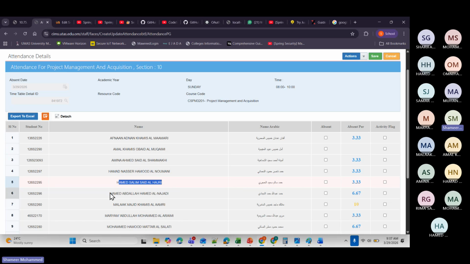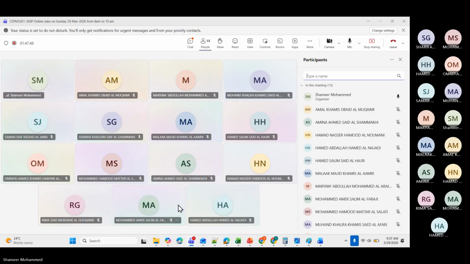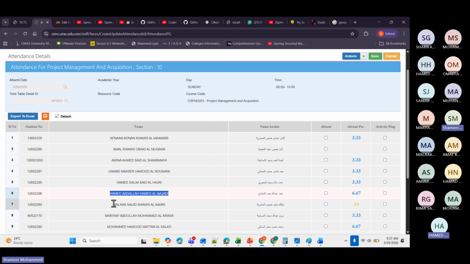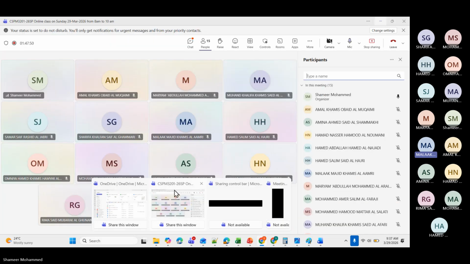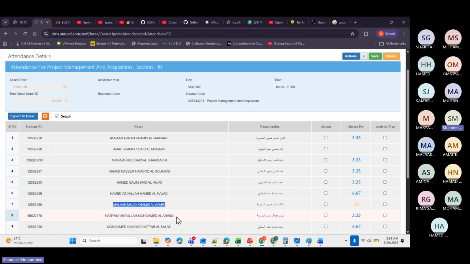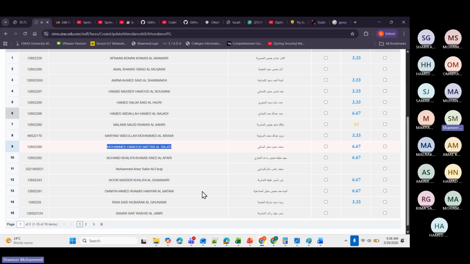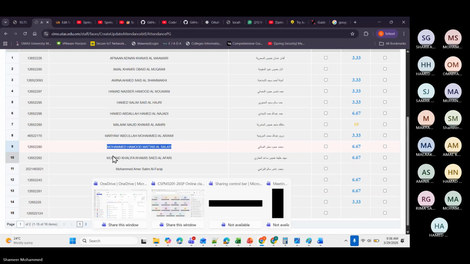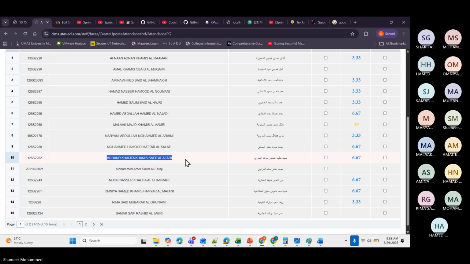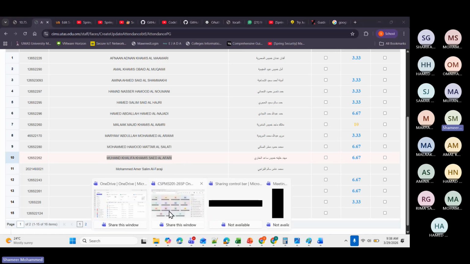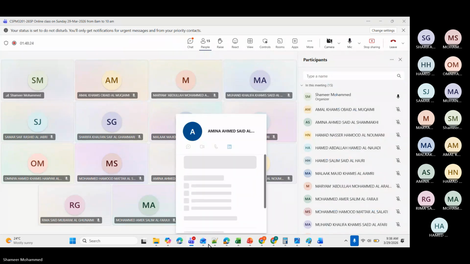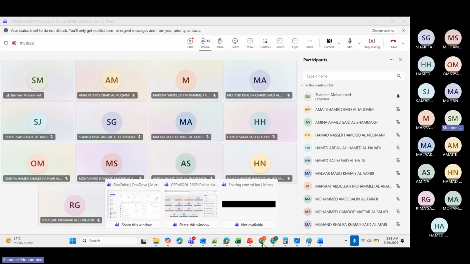Hamid Abdullah Al Najdi present. Malak Al Amri present. Muhammad Al Salthi present.